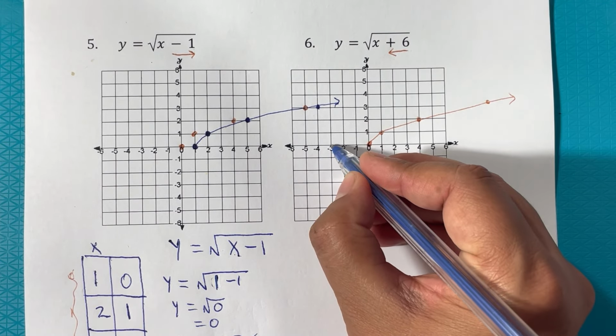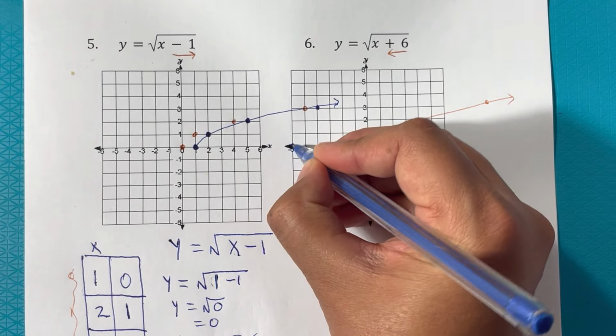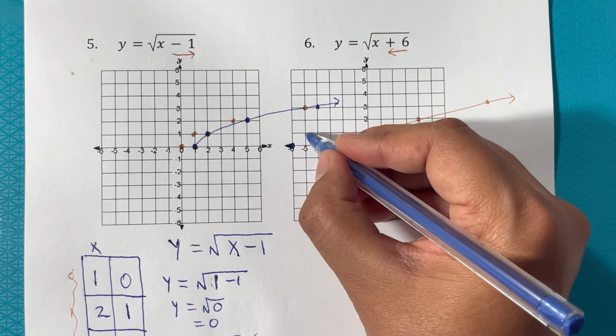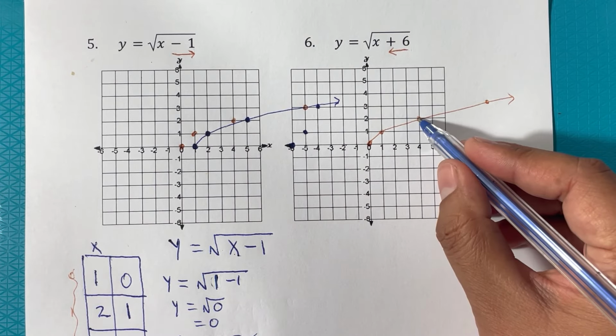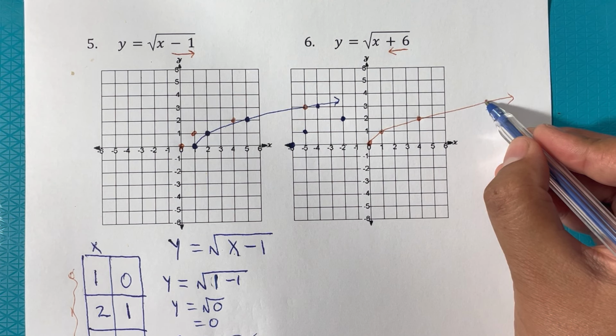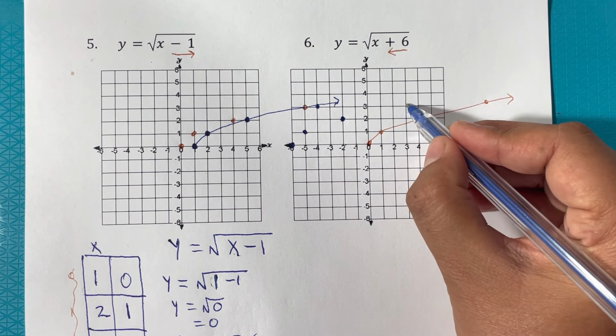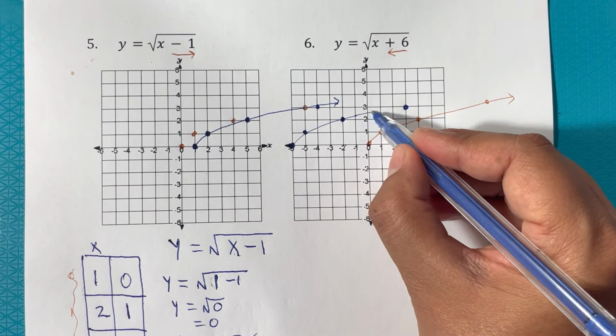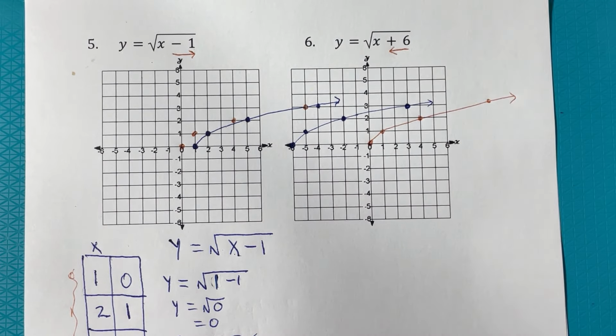So 1, 2, 3, 4, 5, 6, right there. 1, 1, that's 6 spaces to the left, right there. That one 6 spaces to the left is right there. And that one is 6 spaces to the left, it's right there. Okay, that's where our table values should give us.